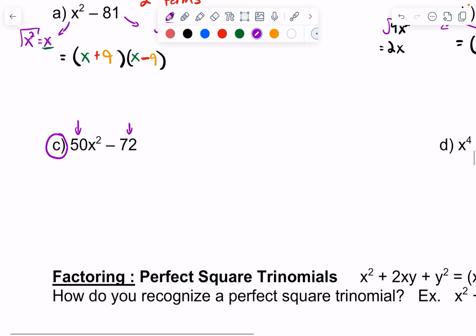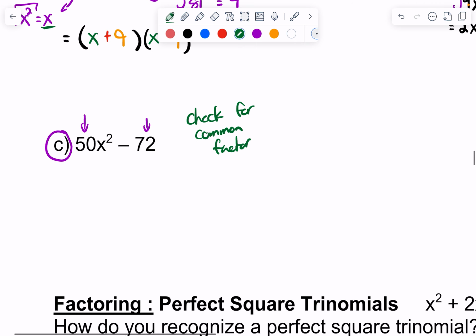Let's do a couple more though. And in this case right here, we need to check for a common factor. So look at this and say, all right, what can I do? How can I turn this into a difference of squares? Or what is my greatest common factor here? Well, knowing your squares, and when I say squares, it's like 4, 9, 16, 25, 36, right?